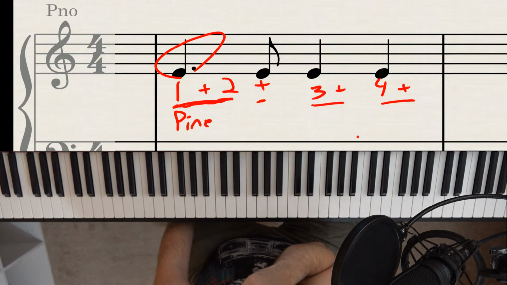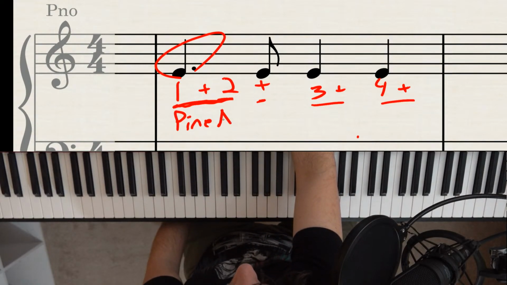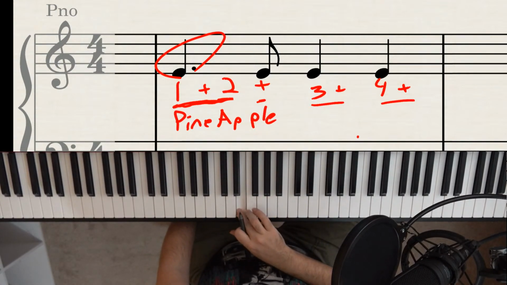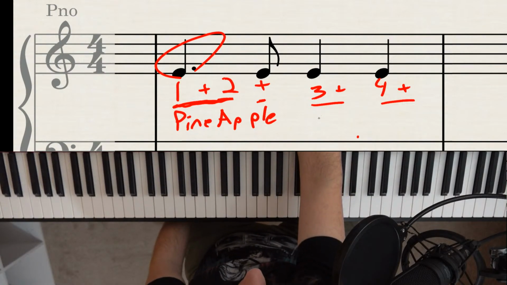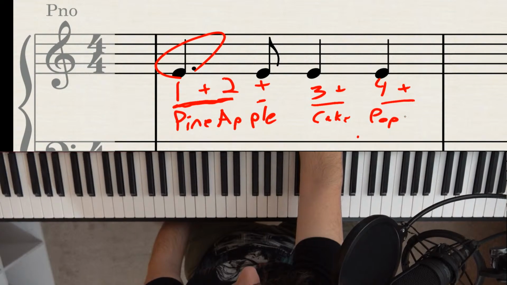But the way I count dotted quarters is you can use the word pineapple, with the last syllable being the eighth note. So, pineapple, 1 and 2 and pineapple. And then you could say cake pops.